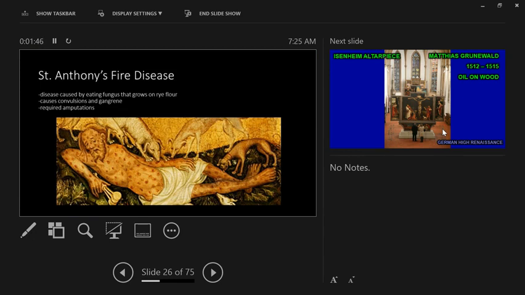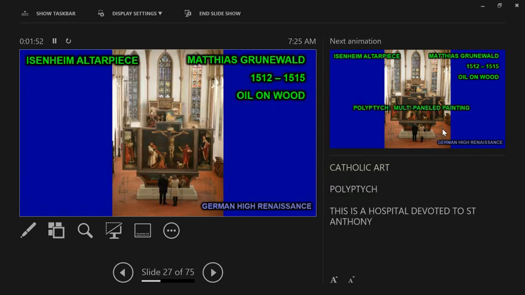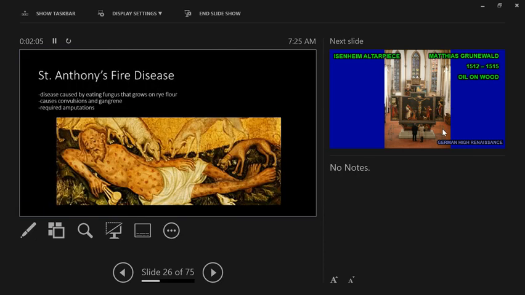And it shows up in art a lot. So I show you this image, or I teach you about St. Anthony's Fire because it is related to this artwork right here called the Isenheim altarpiece. It does look like he was being consumed by dogs.